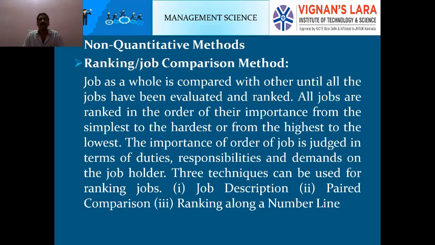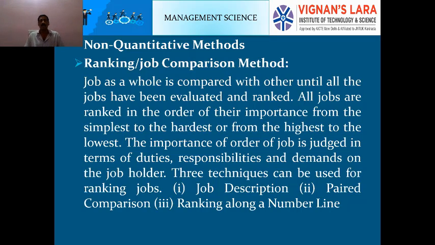All jobs are ranked in the order of their importance, from the simplest to the hardest or from the highest to the lowest. The importance of jobs is judged in terms of duties, responsibilities and demands on the job holder. Three techniques can be used for ranking jobs: job description, paired comparison, and ranking along a number line.